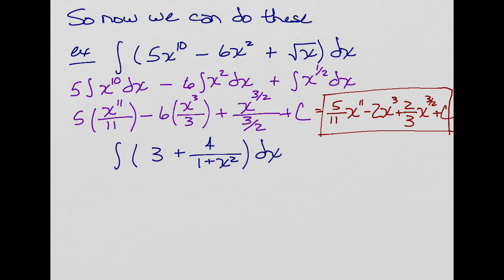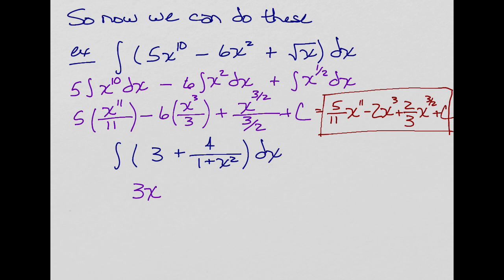My next one, and you can break this into two separate integrals if you want. I'm just going to realize that I could do that, and I'm going to integrate each one separately. The integral of 3 times 1 is 3 times x to 1 higher power divided by the higher power, divided by 1. I'm not going to write that.